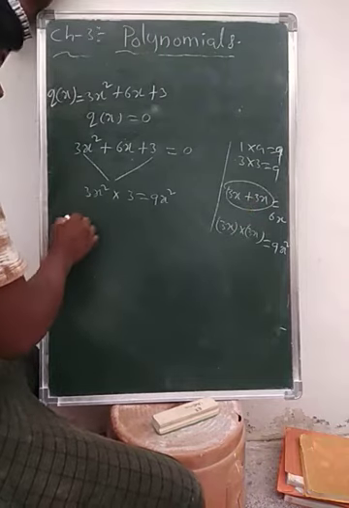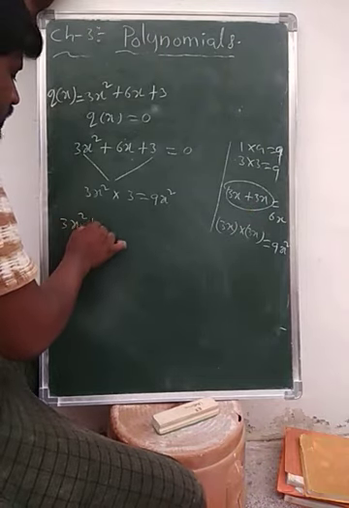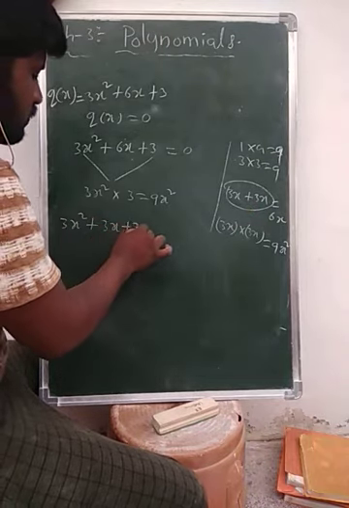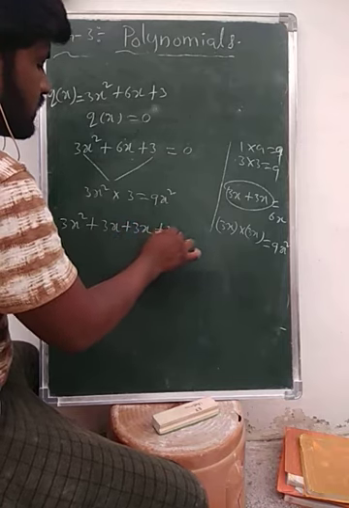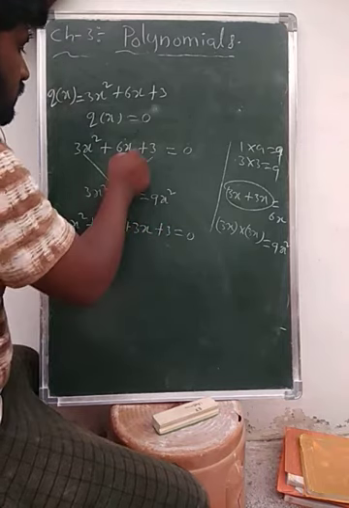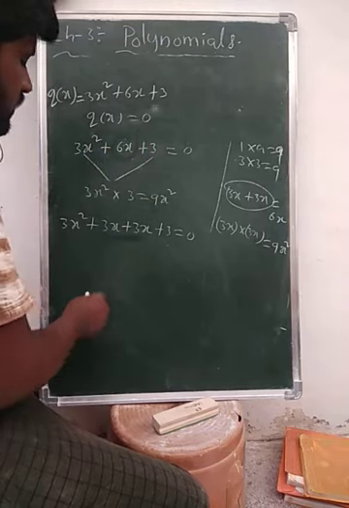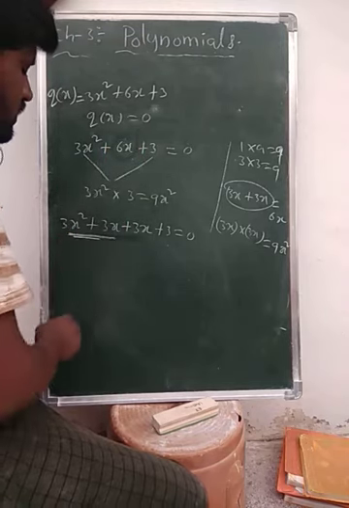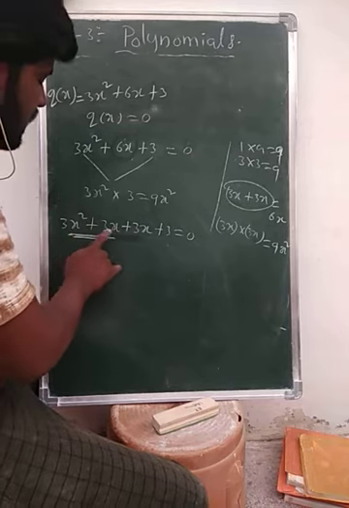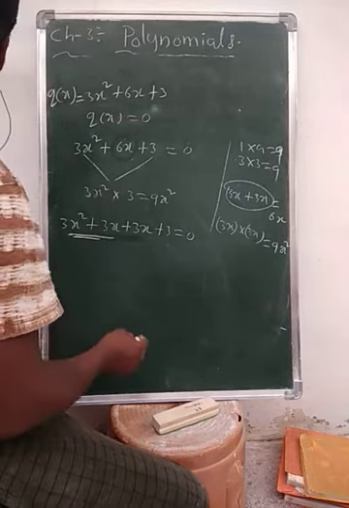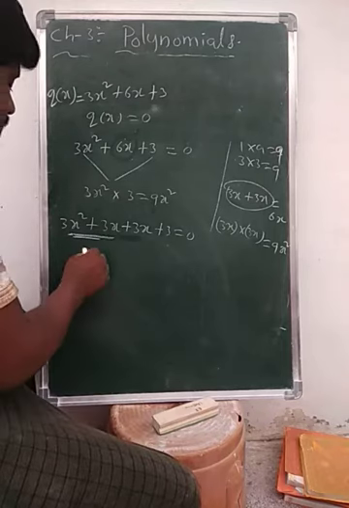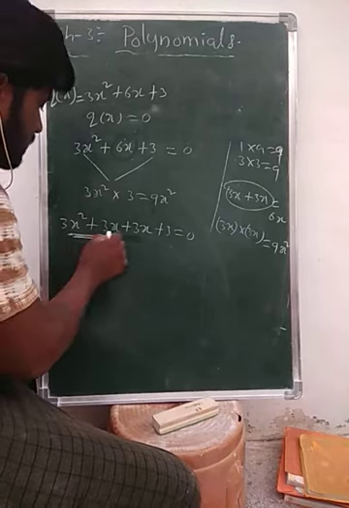Now 3x square plus 3x plus 3x plus 3 is equal to 0. In the place of 6x, I have written 3x plus 3x. Now in the first two terms, what is common? 3x is common.